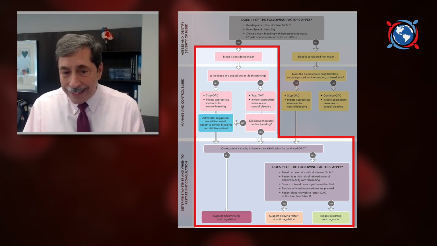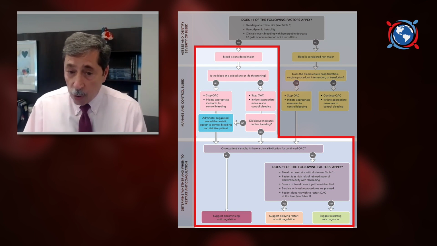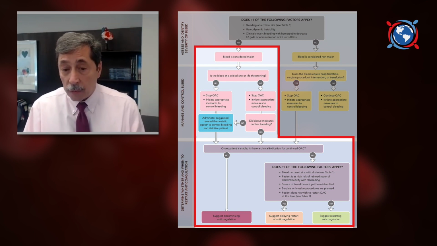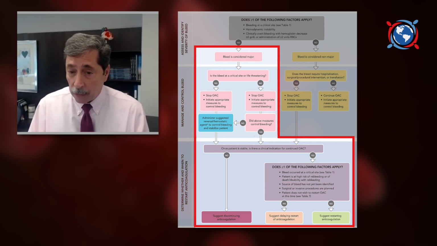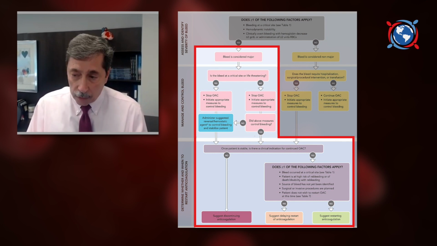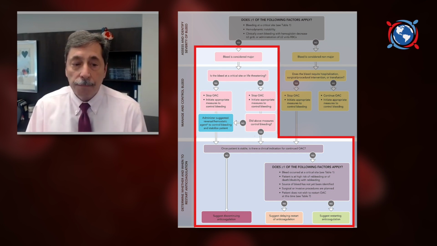Finally, the specific details regarding the nature of the bleed, the ability and durability of control of that bleeding, as well as the risk of rebleeding, and additionally planned therapies that patient might be undergoing, determine the decision whether or not to restart anticoagulation and the timing of that restart.